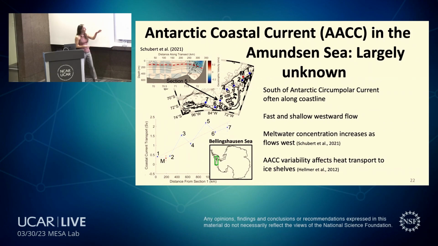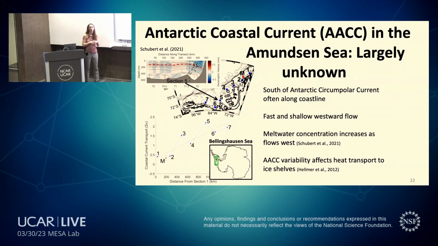And as this current moves past a lot of West Antarctica and gathers this meltwater, the meltwater concentration increases as you move towards the east. Understanding that becomes really important for global ocean circulation.